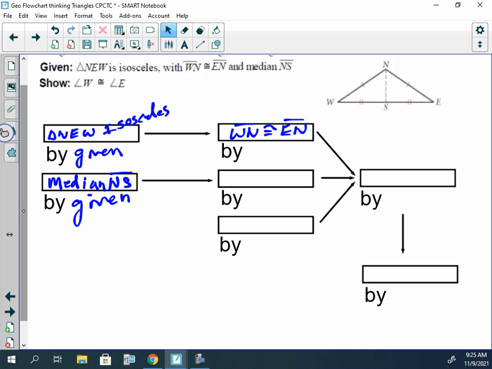Now, by definition of a median in a triangle, it's going to connect to the midpoint of the opposing side. I know I drew a right angle, but that's not the median, because the median is going to connect to the opposite side's midpoint.